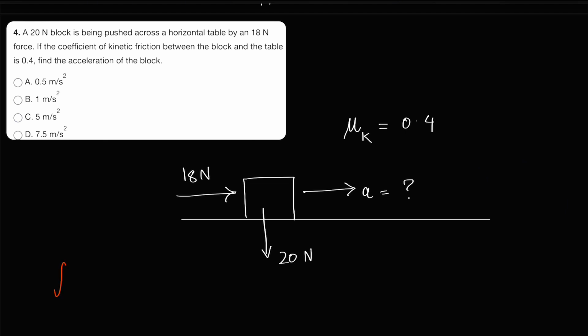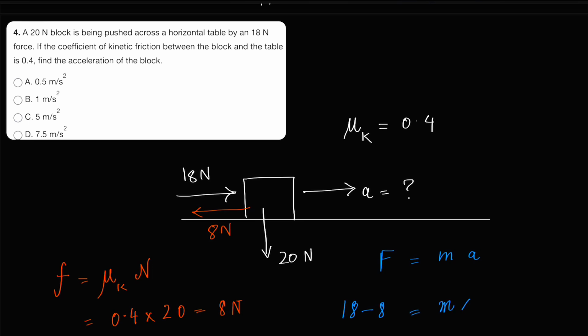The frictional force has an equation. The coefficient is 0.4 and the normal reaction is 20. So that gives us 8 newtons of frictional force. So that means 8 newtons are applied backward. If we use F equals ma on this block, the total force is 18 minus 8 equals mass of this object times the acceleration. That gives us 10 equals ma.